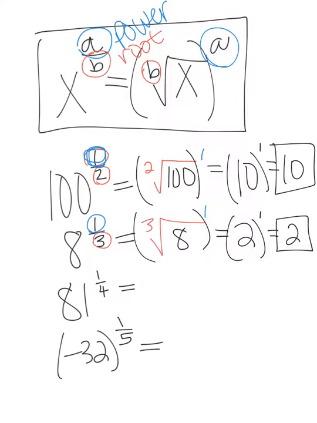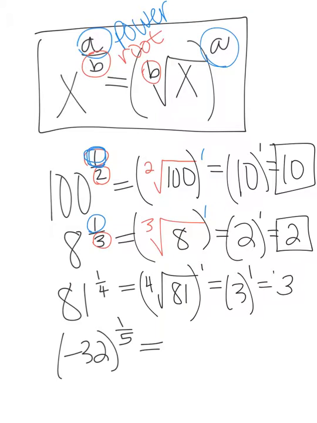All right, next example. So I would have the fourth root, because 4 is in the denominator, of 81 raised to the first power. So the fourth root of 81 is 3, and then 3 to the first power is 3. Okay, last one. This would be the fifth root of negative 32 raised to the first power.